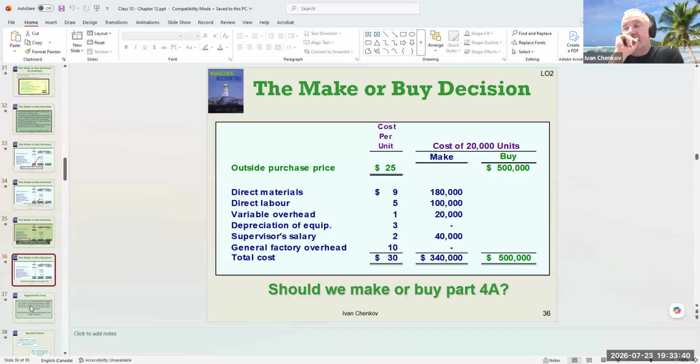Now, the question is, if I'm buying it, and that opens opportunity for me to make another product, from which product I'm generating $180,000. In that case, should I buy it? Well, definitely yes.